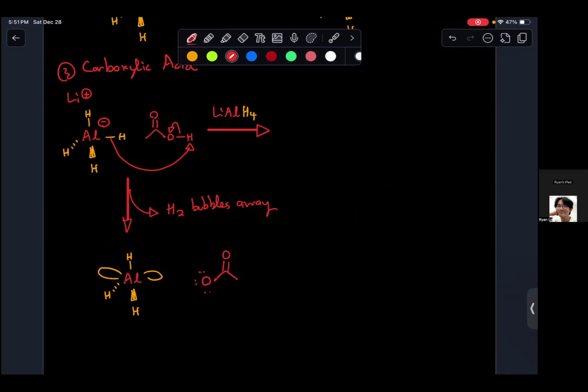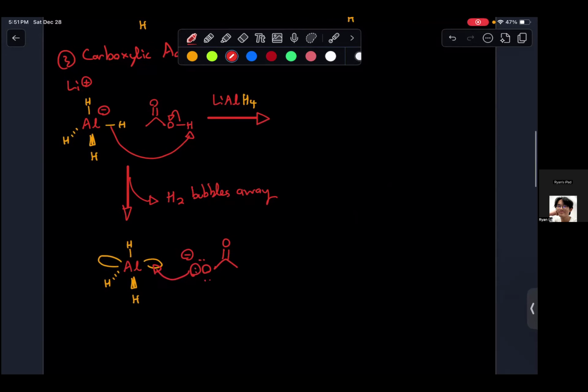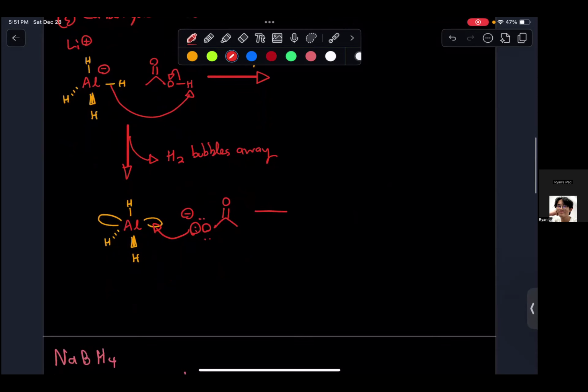This is the carboxylic acid whose hydrogen you just stole. It's going to go in here, going to go into an attack. And then in a step that is more favored towards this way than that way, you are going to end up with an aluminum that has this, and it's going to be attaching itself onto the carboxylic acid.